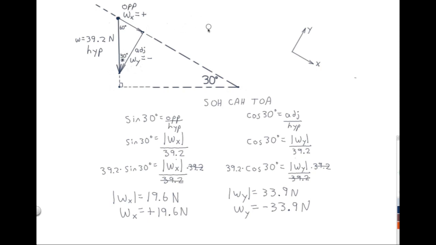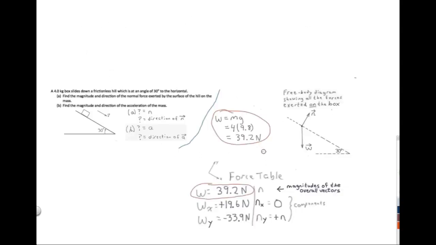Now we can see that the length of the opposite side will measure the magnitude of the x component of the weight, and the length of the adjacent side will measure the magnitude of the y component of the weight. And the length of the hypotenuse measures the magnitude of the overall weight vector, 39.2 newtons.